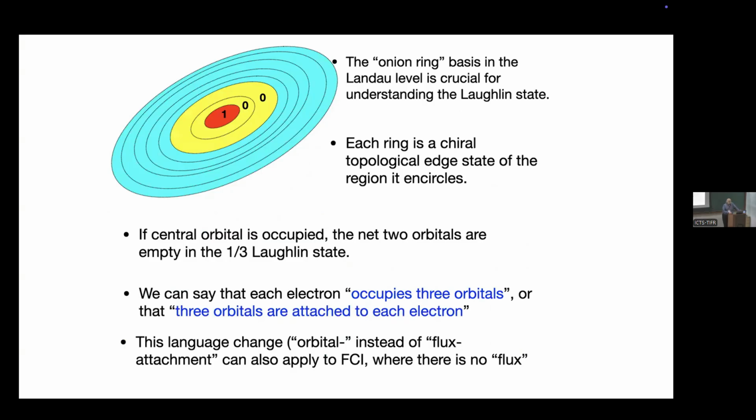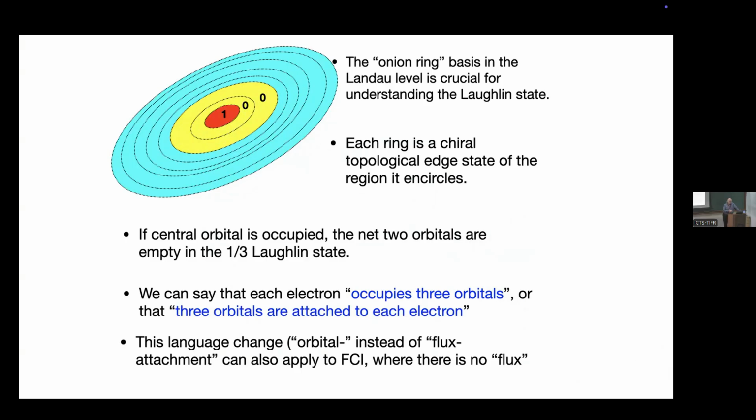So this onion ring basis is crucial for understanding the Laughlin state. The Laughlin state has a metric, so I have to use the onion ring basis appropriate to the actual metric, which is a parameter of the Laughlin state. In that basis, if the central orbital is occupied, the next two orbitals are empty.